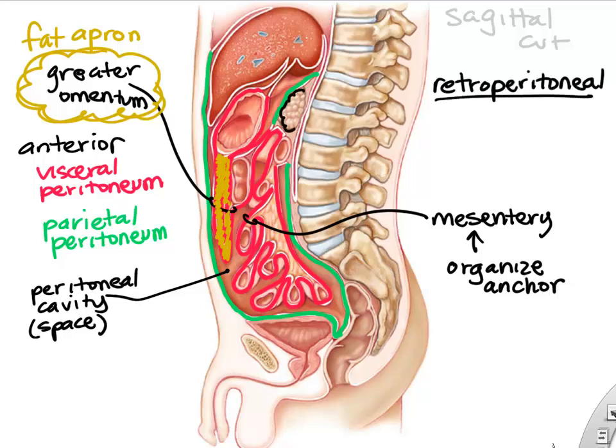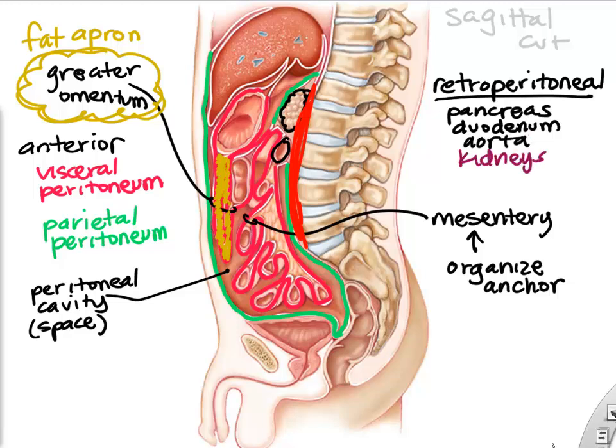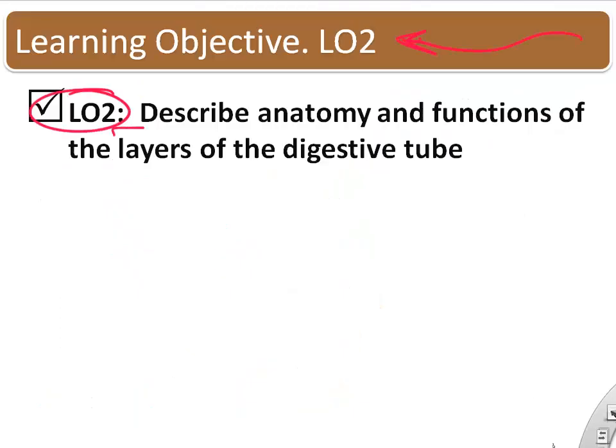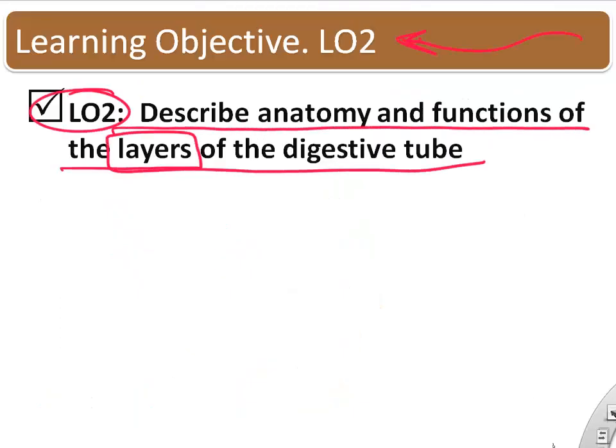Also, we have some organs that are retroperitoneal, meaning they're behind the parietal peritoneum at the back of our abdominal cavity. Things like the pancreas, duodenum, aorta, and kidneys are in that retroperitoneal space, kind of stuck on the back of our abdominal wall. And again, we talk about mesothelioma just because many of those organs are covered by mesothelial cells.